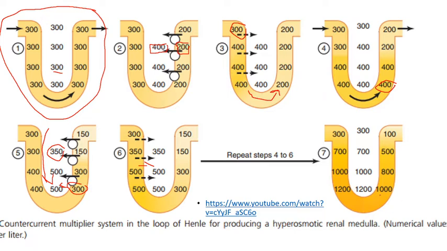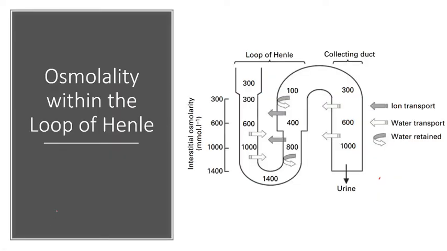It gets to a point where you're able to achieve an osmolality of about 1200 at the deepest part of the medulla. So this is known as the countercurrent multiplier system, and like I said, it's explained quite well in a video format rather than a textbook format.